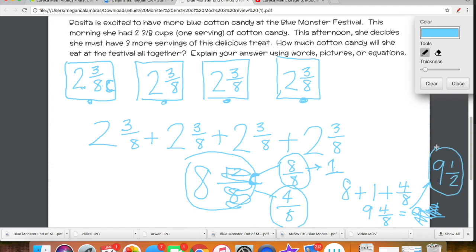This answer, this answer, and this answer before I crossed it out all represent the same amount. They're all acceptable. But this 9 and 1/2 or 9 and 4/8 represent a simplified version. So those are really, really nice versions to work with.